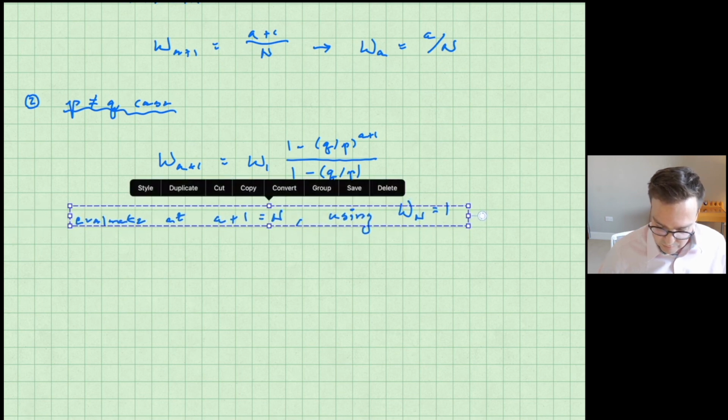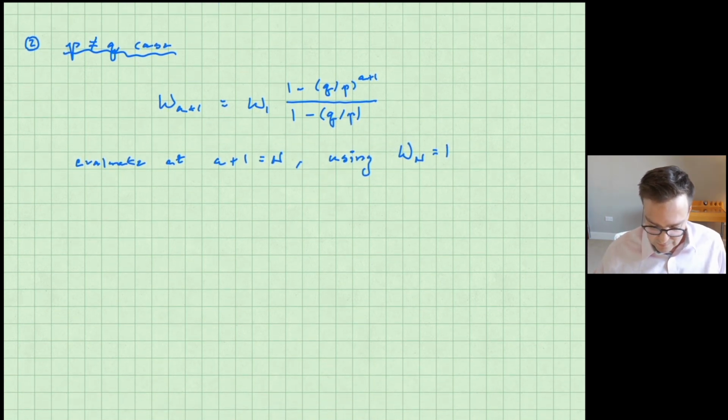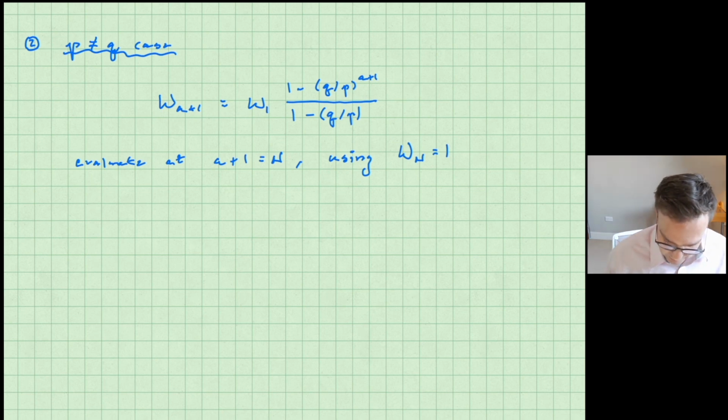So if A plus 1 is n and Wn is 1, then the left-hand side is once again 1.